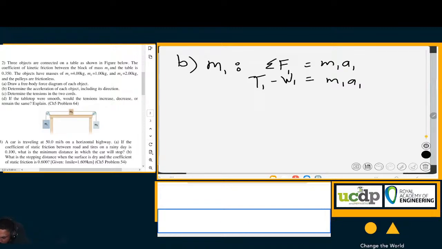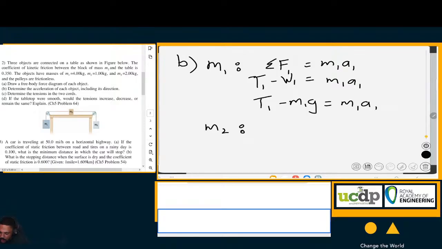So we have that formula. We can actually write it further. We know the weight is nothing but the mass m1 times the gravitational acceleration, equal to m1 times the acceleration a1. That is for m1. Now for block number 2, mass 2.